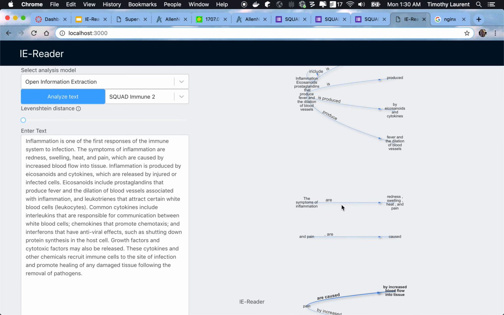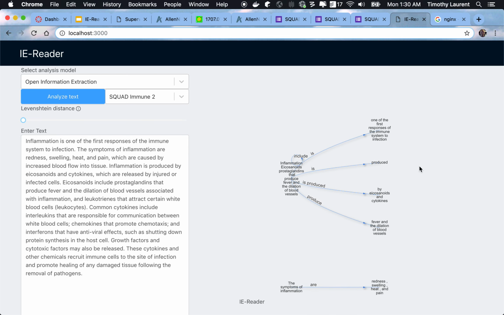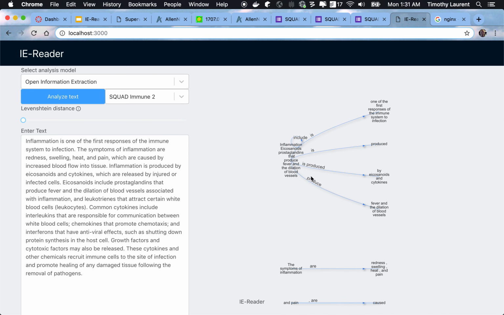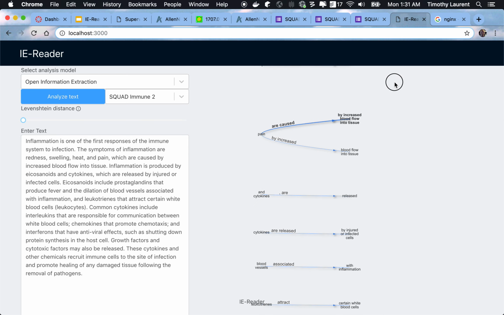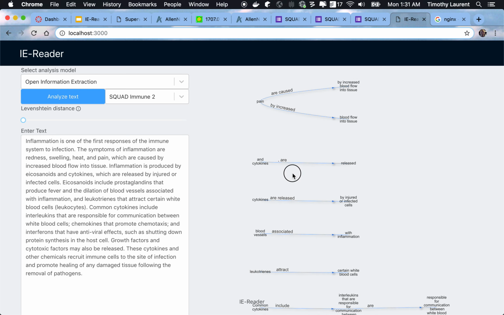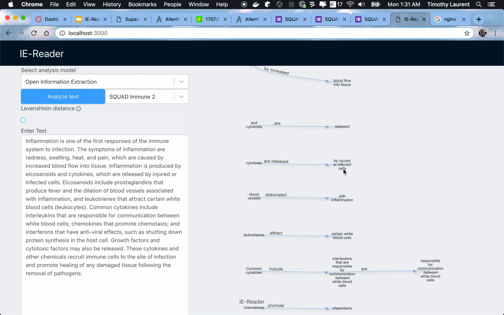The symptoms of inflammation are redness, swelling, heat, and pain. That's interesting and useful. Inflammation is one of the first responses of the immune system to infection. It is produced by eicosanoids and cytokines. It produces fever and dilation of the blood vessels. Interesting stuff. Cytokines are released by injured or infected cells.